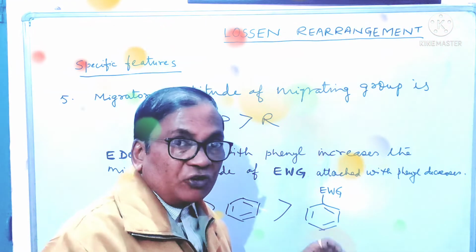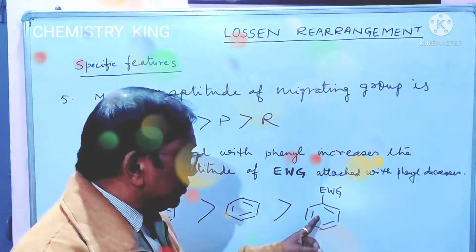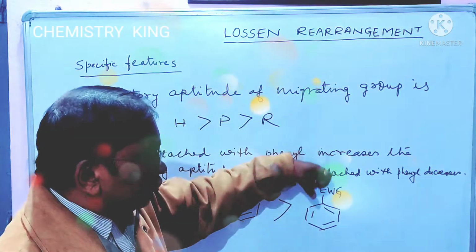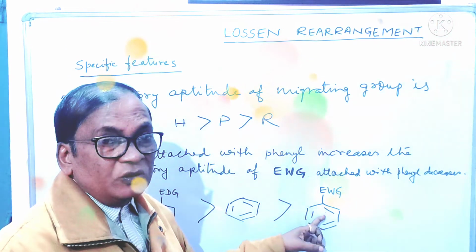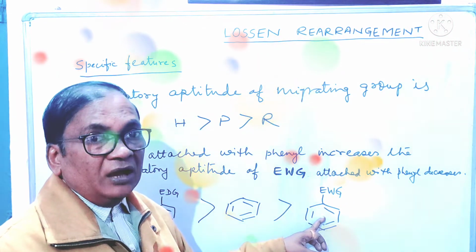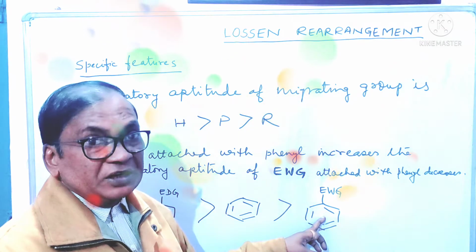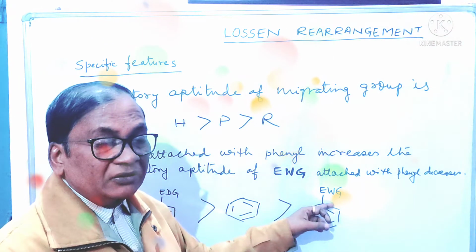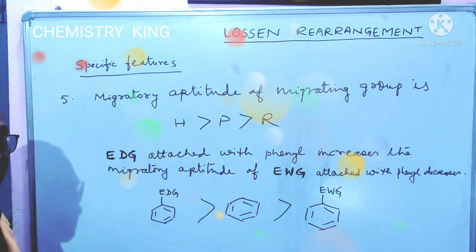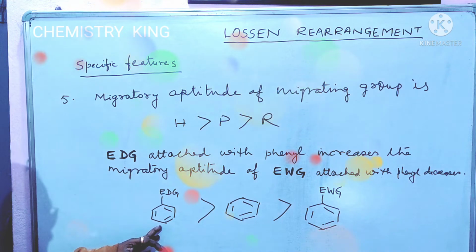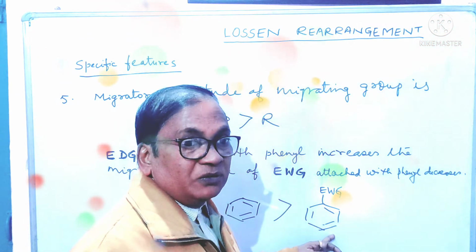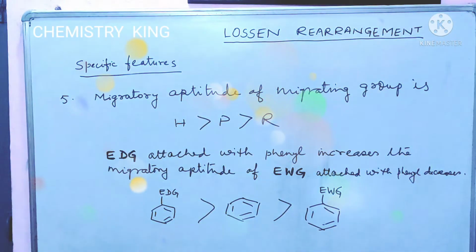Suppose an electron withdrawing group is attached with benzene. The electron withdrawing group will withdraw electrons, leading to positive charge at the phenyl. So, the electron density of phenyl will be decreased by this. Therefore, the migratory aptitude of this species will be highest and the migratory aptitude of this species will be lowest.